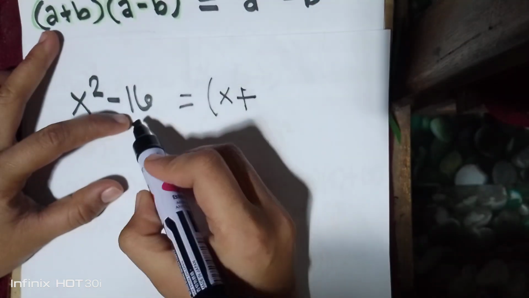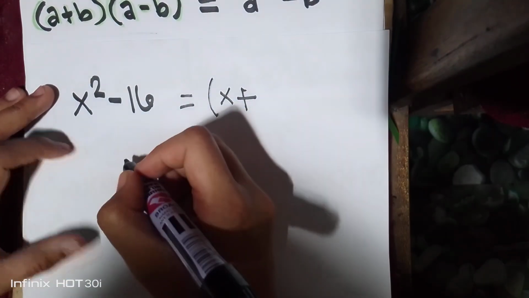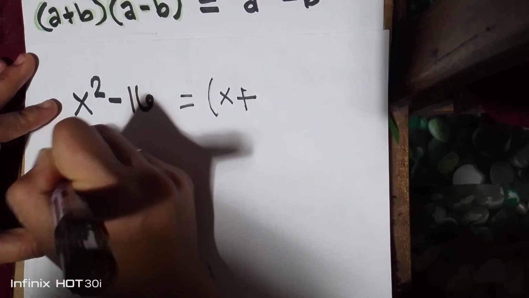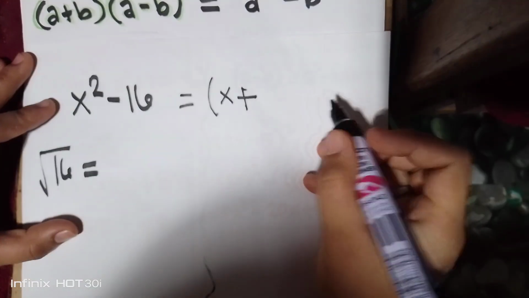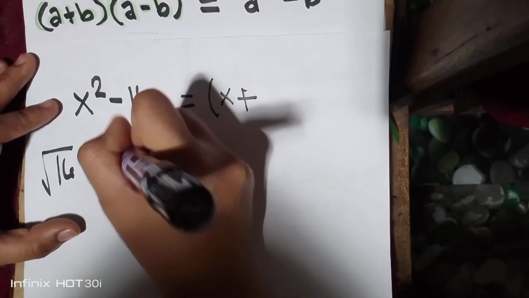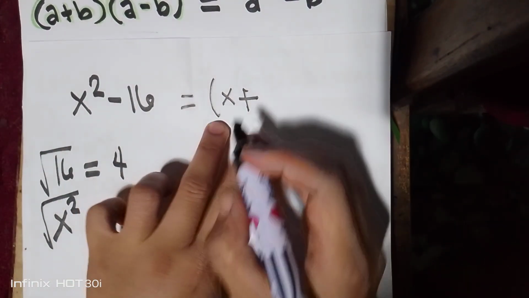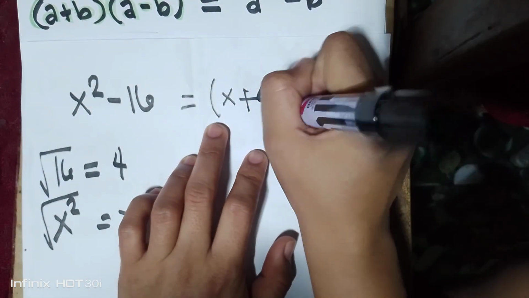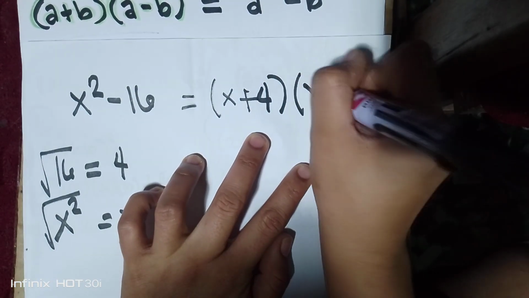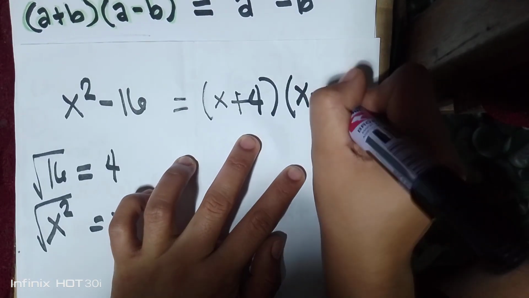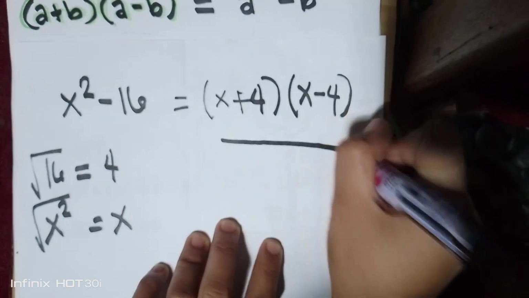We're going to take the square root of 16, which is 4. The square root of x squared is x. So x plus 4 and x minus 4. So this will be the answer.